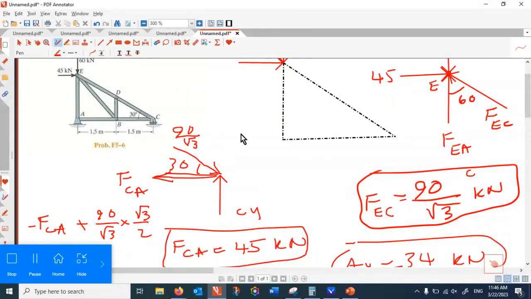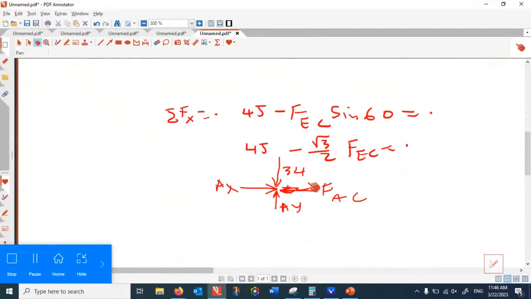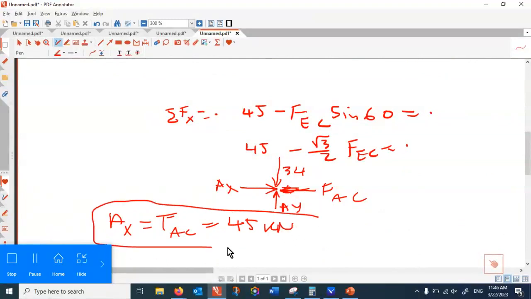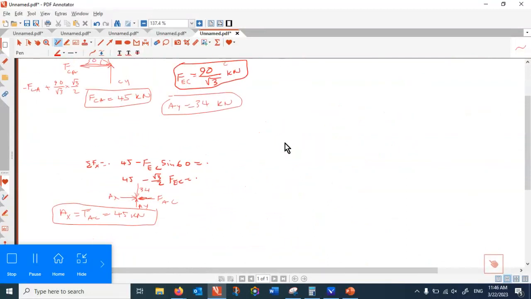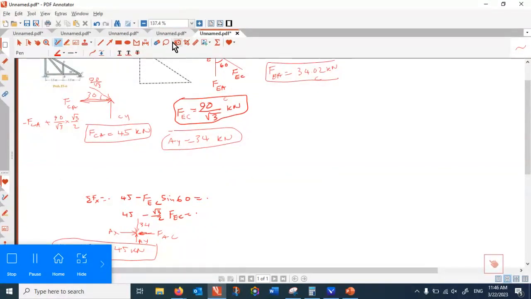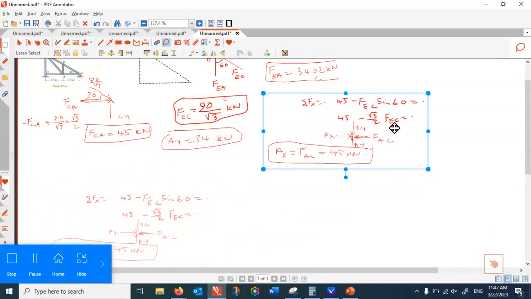And now that I know this force, I can go back to the previous free body diagram, and here AX becomes also 45. AX equal to FAC, that is equal to 45 kilonewton. So now we solve the internal forces in each individual member in the structure. Let me bring all these together so you can take a snapshot if you wish.